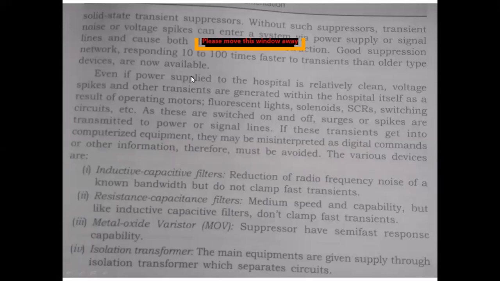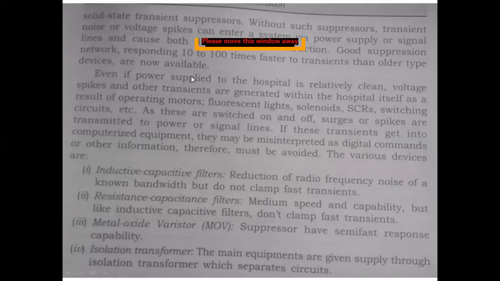So some unwanted signals may interfere with the actual operating signals. That is called interference, or electromagnetic interference, EMI, and it affects the actual operation of the equipment.